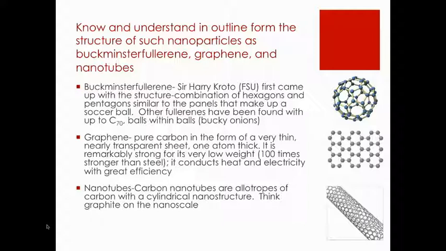And they're a cylindrical nanostructure. They can be used for a variety of purposes, from electrical conductors to use in the human body for stents in the heart to replace veins and artery problems.